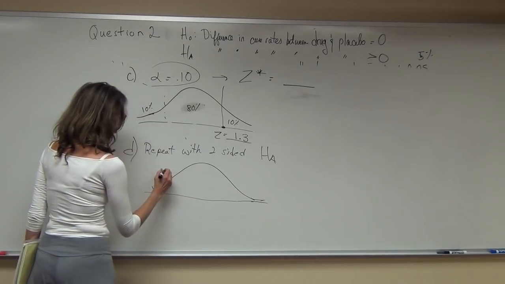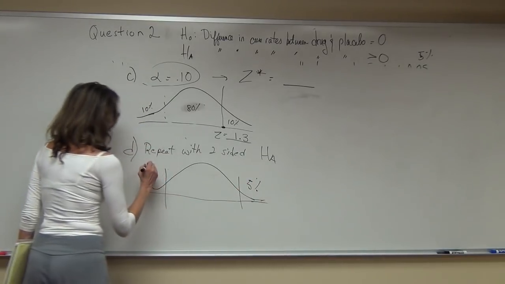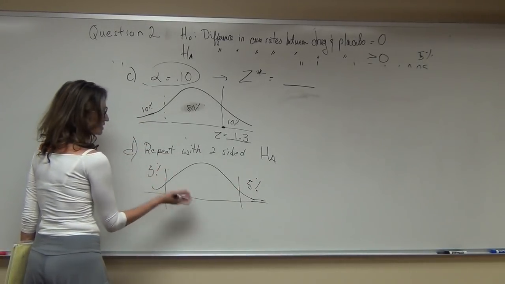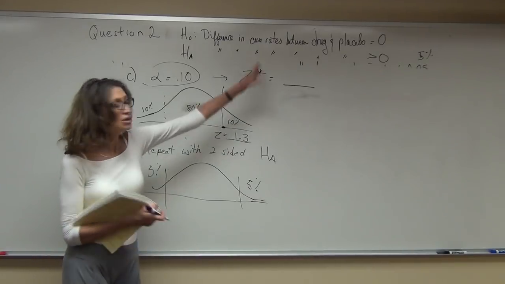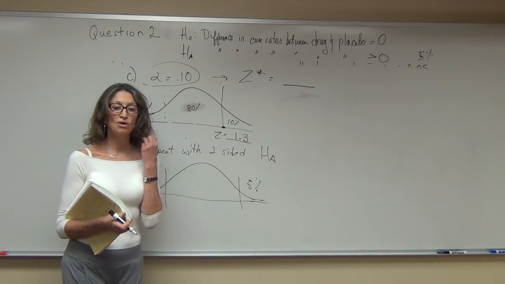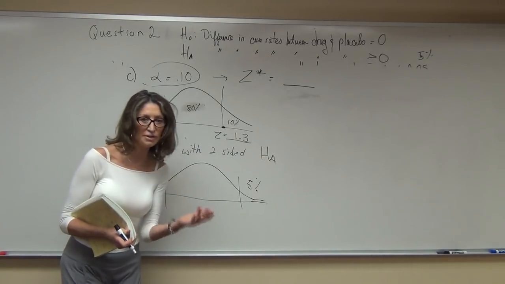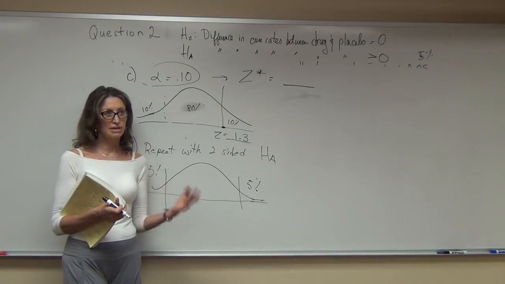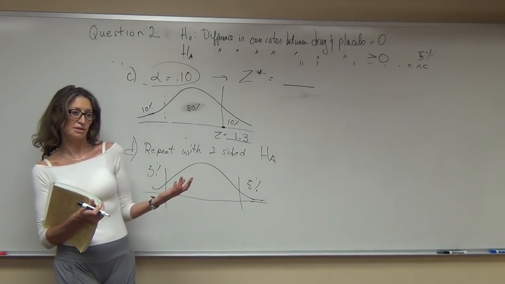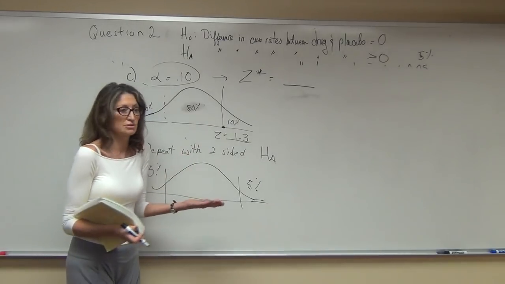So 10% total error would be 5% on this side and 5% on this side, because we don't know. We don't know if the drug works better or if the drug works worse than a placebo. We know the drug has some effect, maybe. You know the drug is going to do something, but you don't know if it's going to kill people or cure them, right? That's how some drugs are, you just don't know.